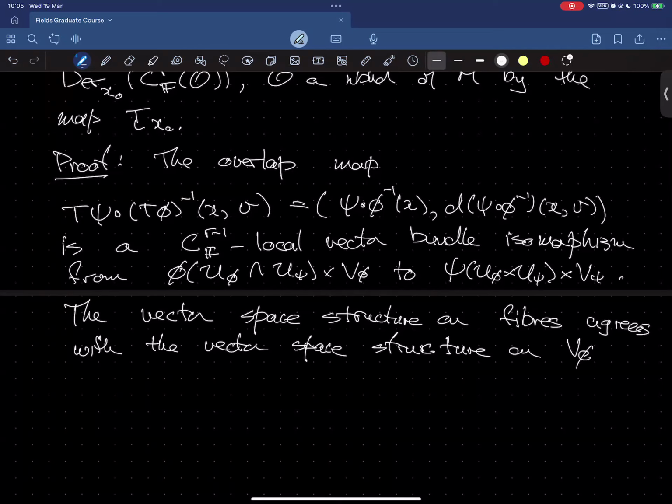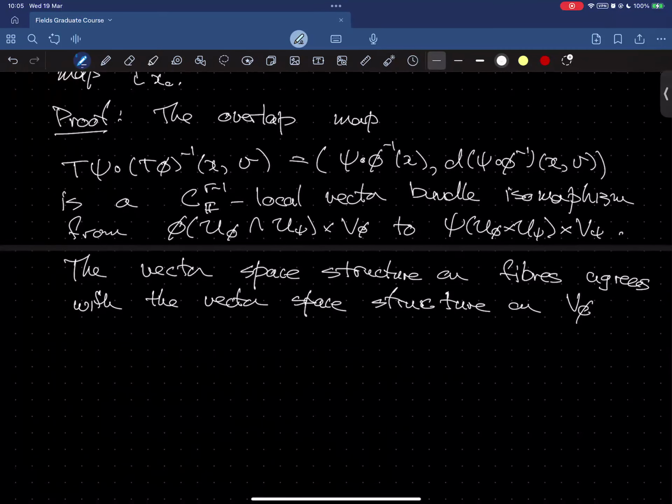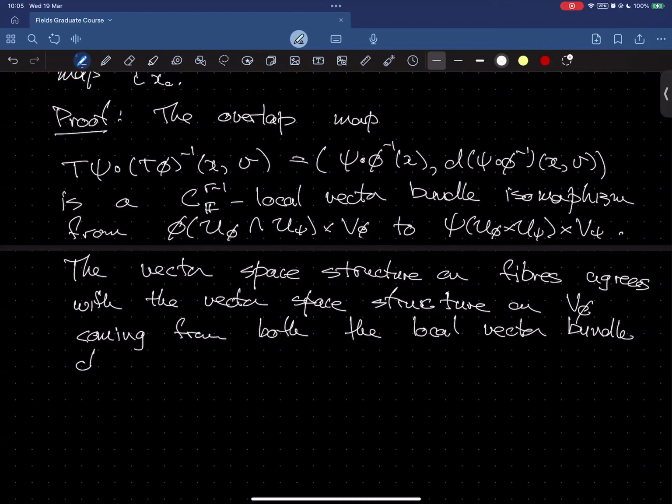So if I have a chart phi, U phi, V phi, there's two vector space structures that I'm talking about here, coming from both the local vector bundle chart on the one hand, and on the other hand, the injection of T_x0 M.